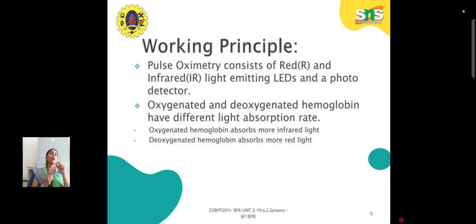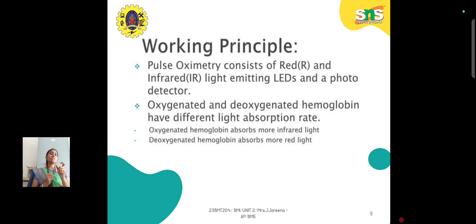The reason we use these LED lights as the working principle of pulse oximetry is that the blood components we were discussing, oxyhemoglobin and deoxyhemoglobin, have very good optical properties. Since they have very good optical properties, the absorption of light will be very good at different wavelengths.